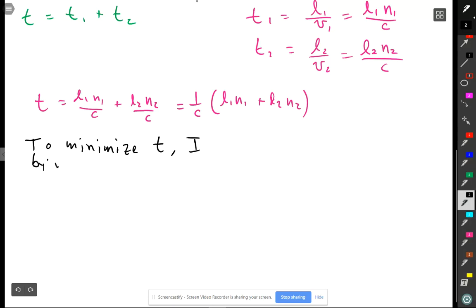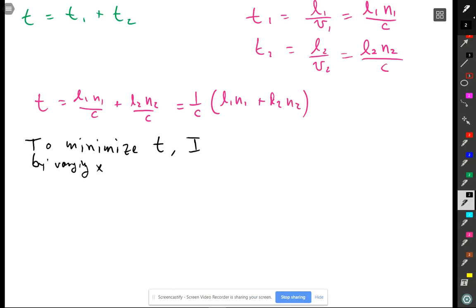By varying x. What do I do? You change it.